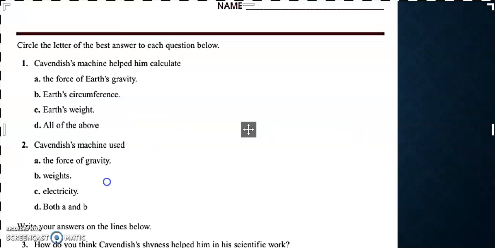Write your name on the line and circle the letter of the best answer to each question below. Cavendish's machine helped him calculate: Option A, the force of Earth's gravity; Option B, Earth's circumference; Option C, Earth's weight; or all of the above.